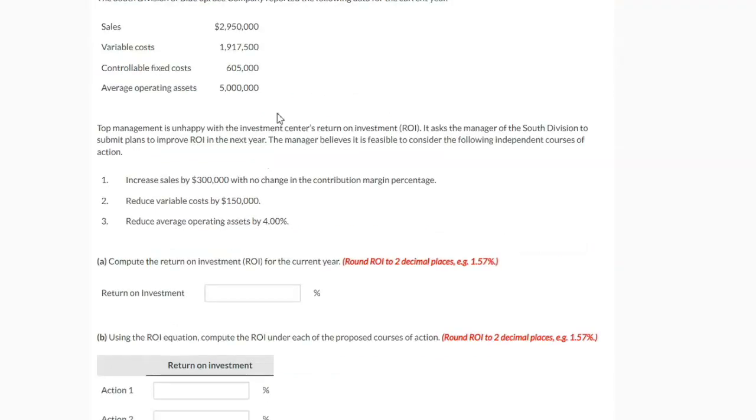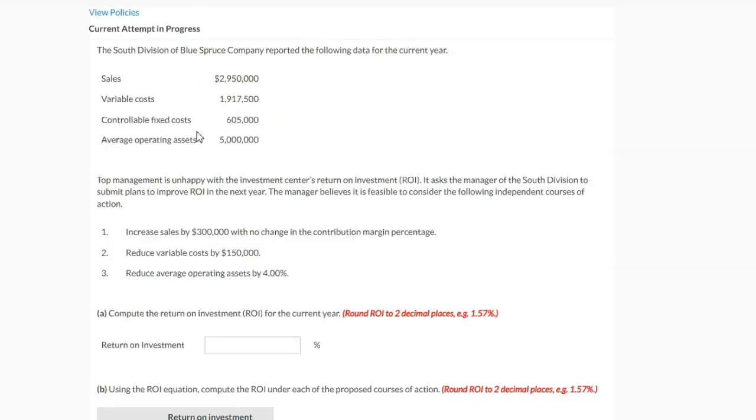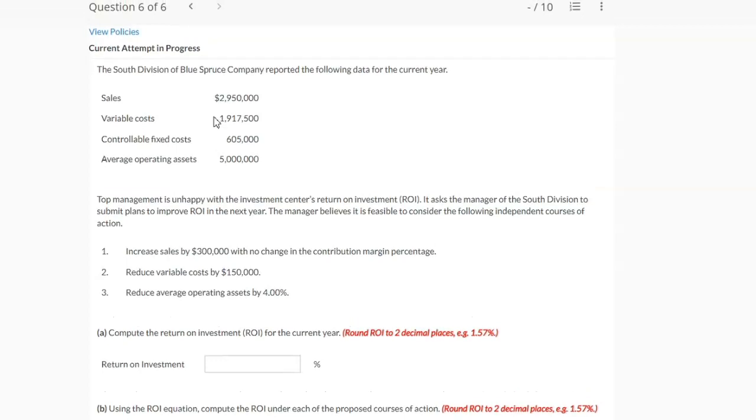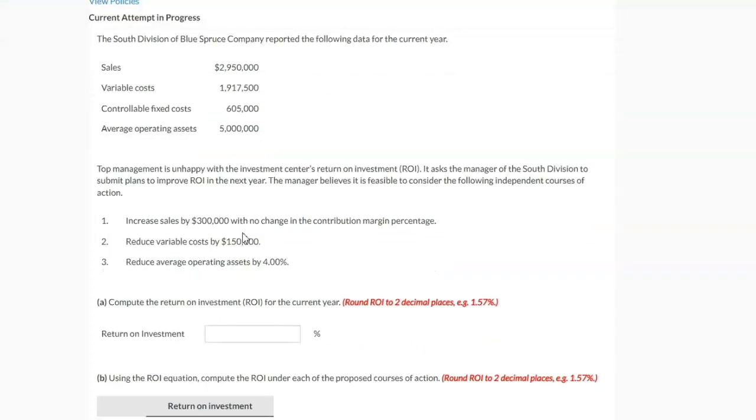So the ROI for the current year would be controllable margin divided by average operating assets. Right? So far. So guys, am I right in what I'm saying?